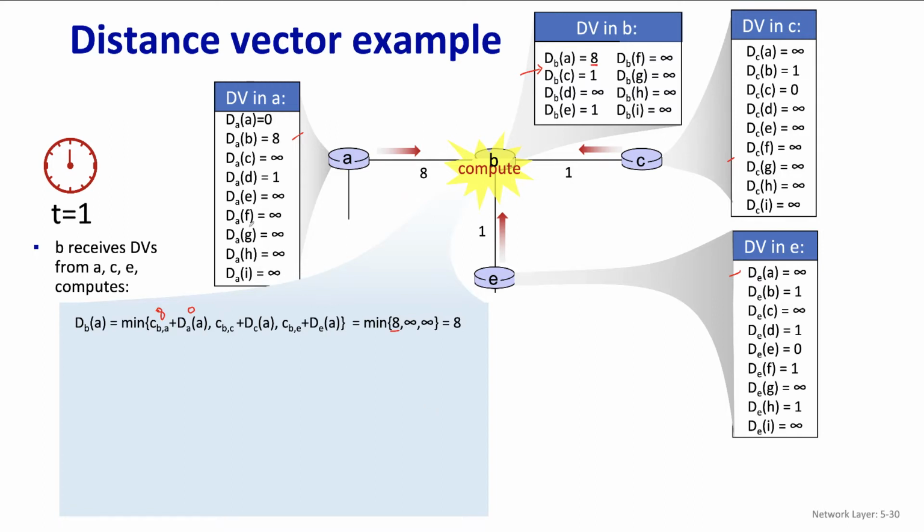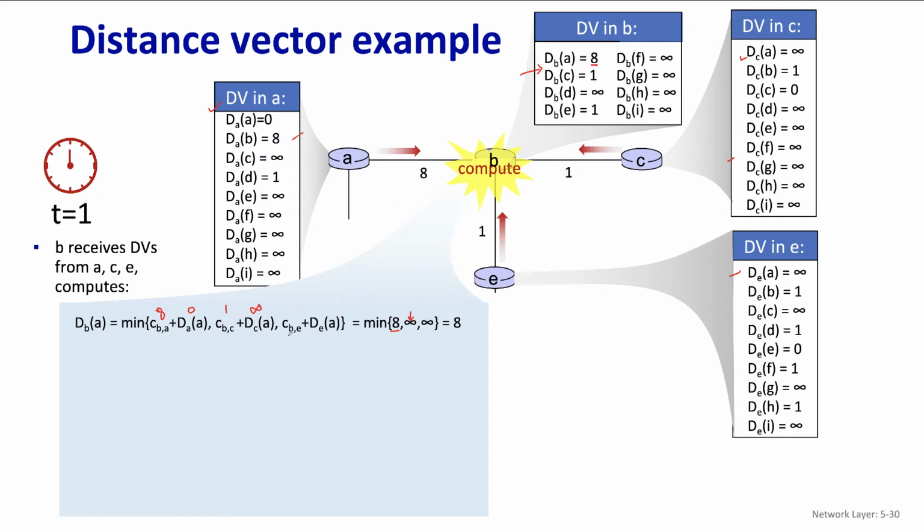Now we're done with A. Now let's go with C. You know from C to A is infinity, right? And here, you know from B to C it's 1, so this should give you an infinity value.